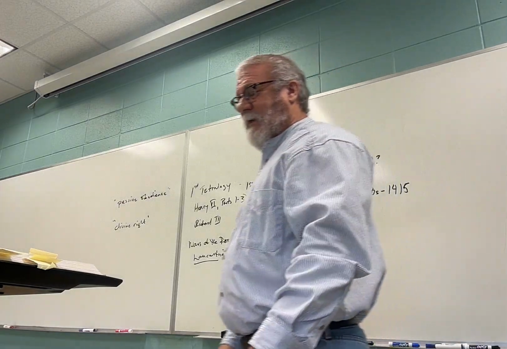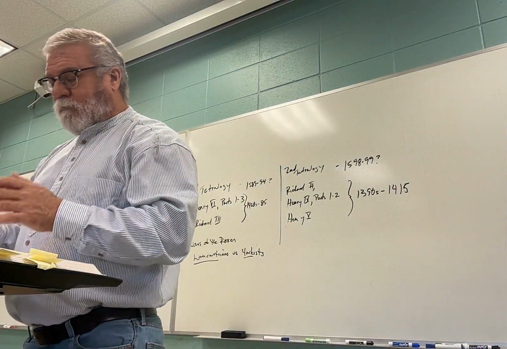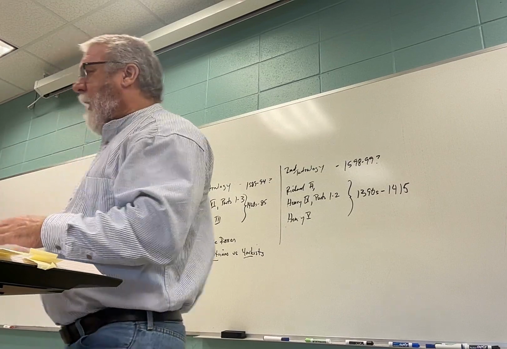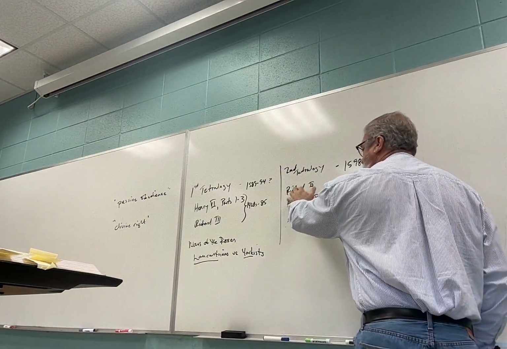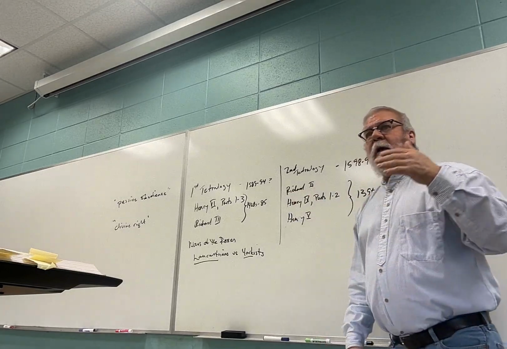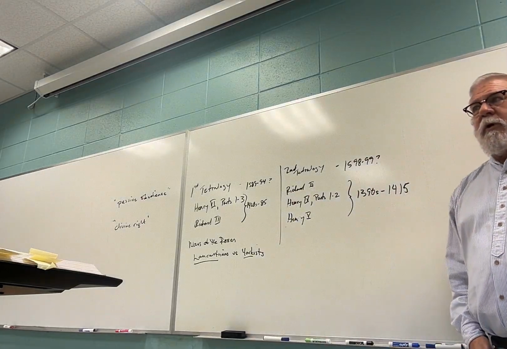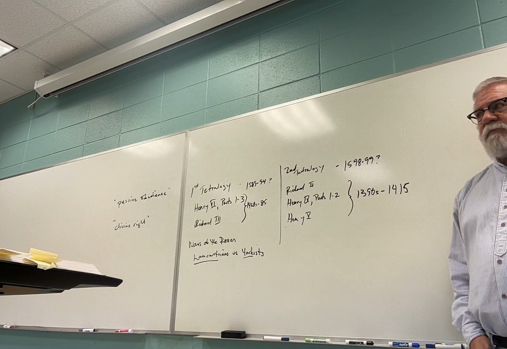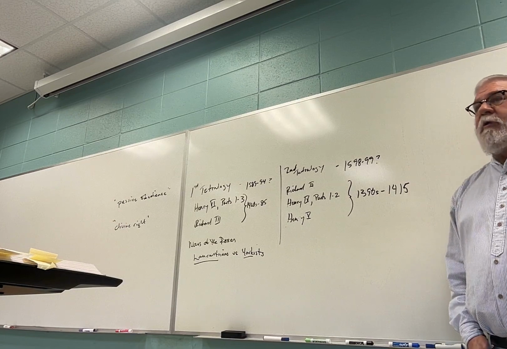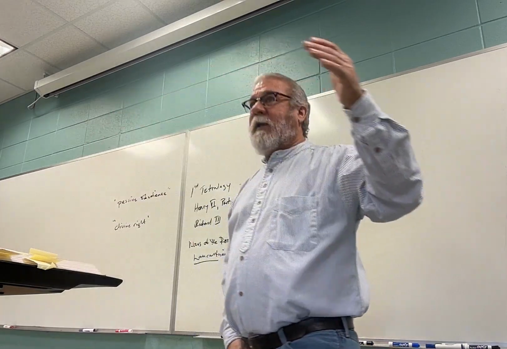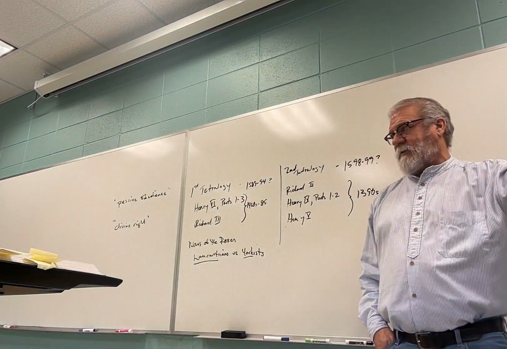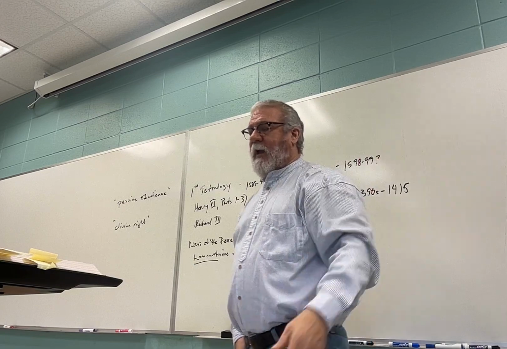It's fantastic. So we open the play, and the events of this play have just concluded within a month or so. In other words, Henry IV has just become king in the last 6 months at most.